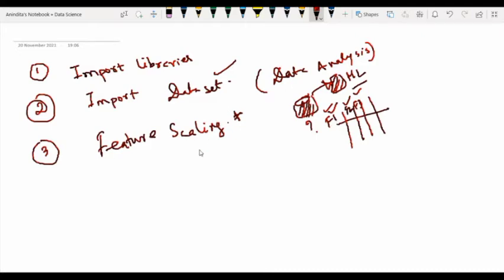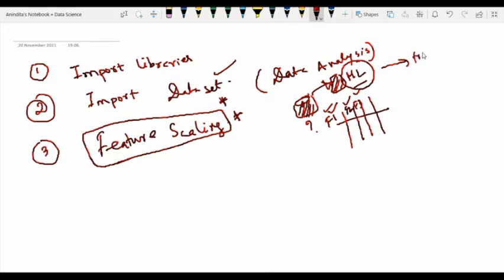So this is the concept of feature scaling. If feature scaling does not exist, then your machine learning model will not be able to train properly. So for a good training process, you need the concept of feature scaling.